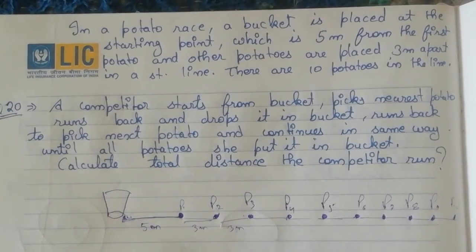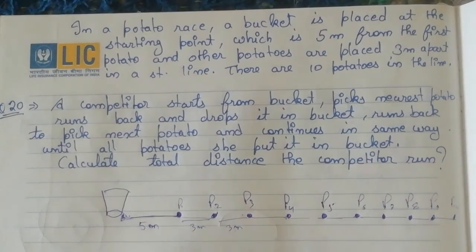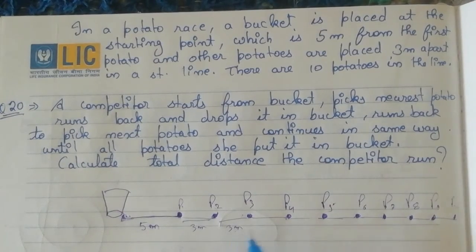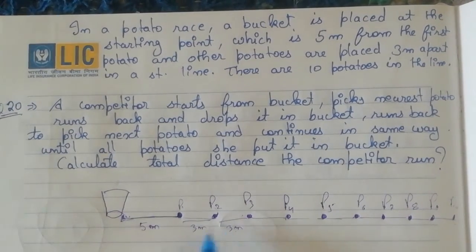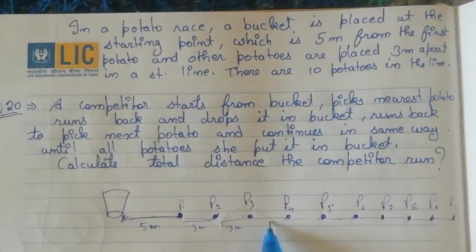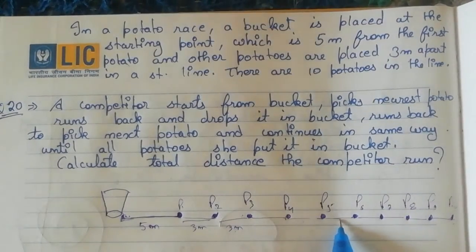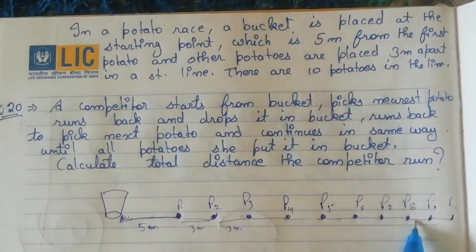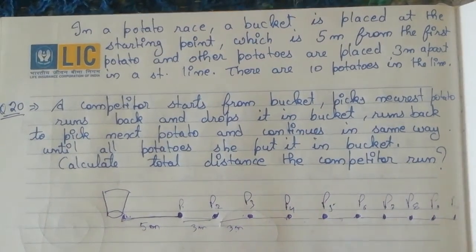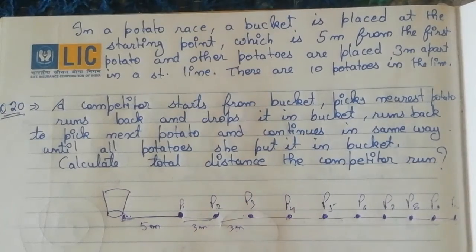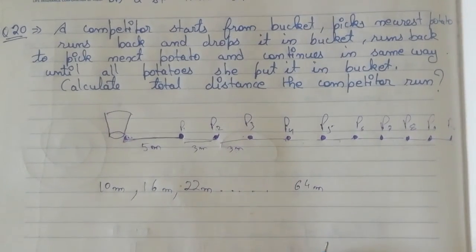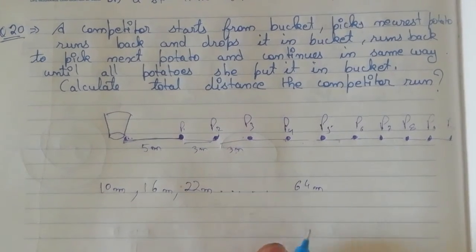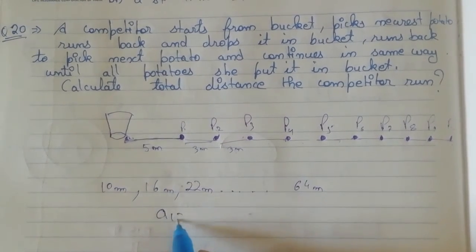And in this way she goes up to grab 10 potatoes. So here 3, 5, 3, 8, 3, 11, 14, 17, 20, 23, 26, 29 and 32, and coming back, so up to 64 meter. Okay, so the last distance is 64 meter. In this way we have the series, whose first term is 10 meter.